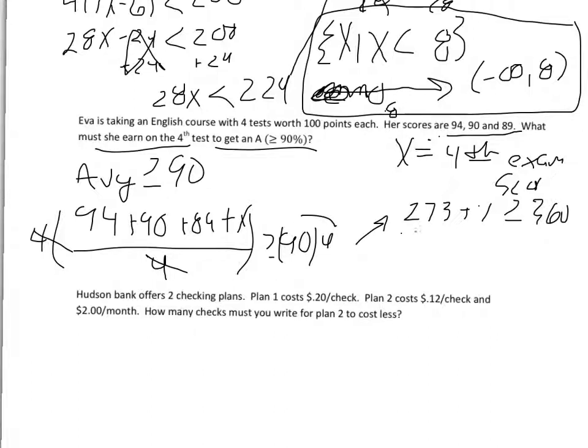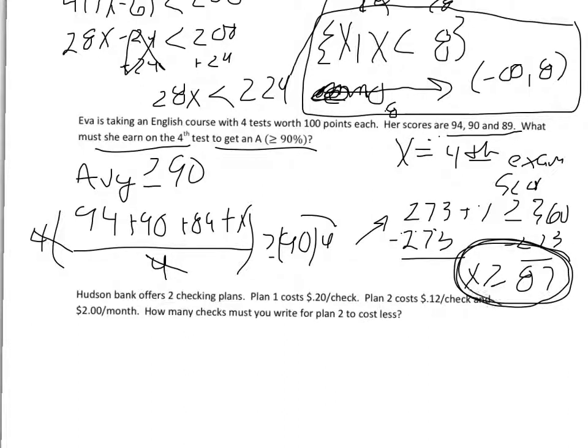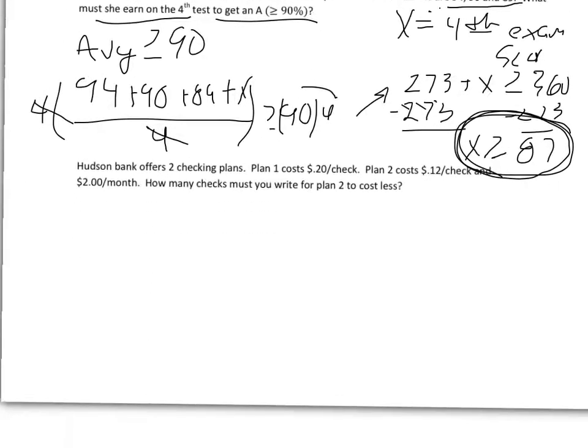So subtract our 273 from both sides, and that is going to give us x is greater than or equal to 87. So she must earn at least an 87% on that 4th exam in order to get an A for the class.